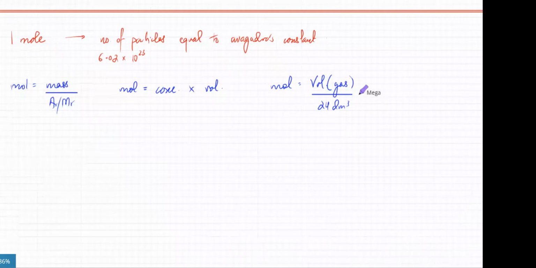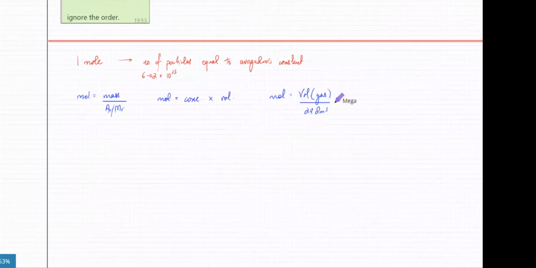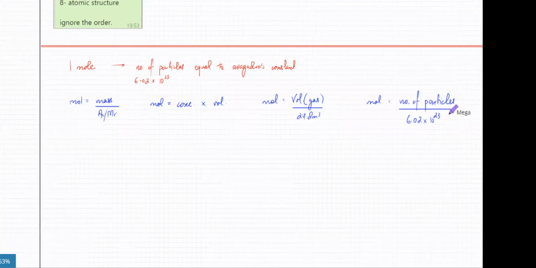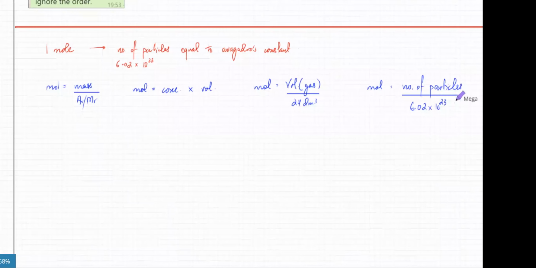And the last one, the fourth one, is moles is number of particles divided by the Avogadro's constant, which is 6.02 times 10 power 23. So these are your main 4 formulas for calculating moles.